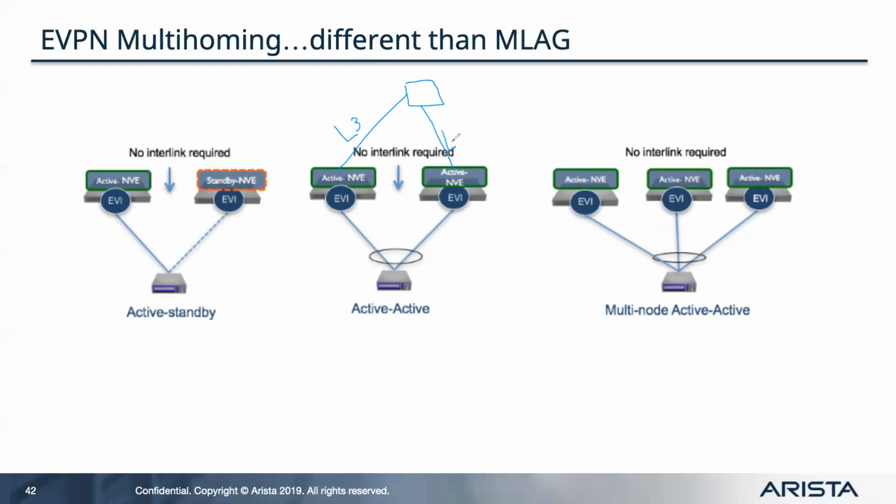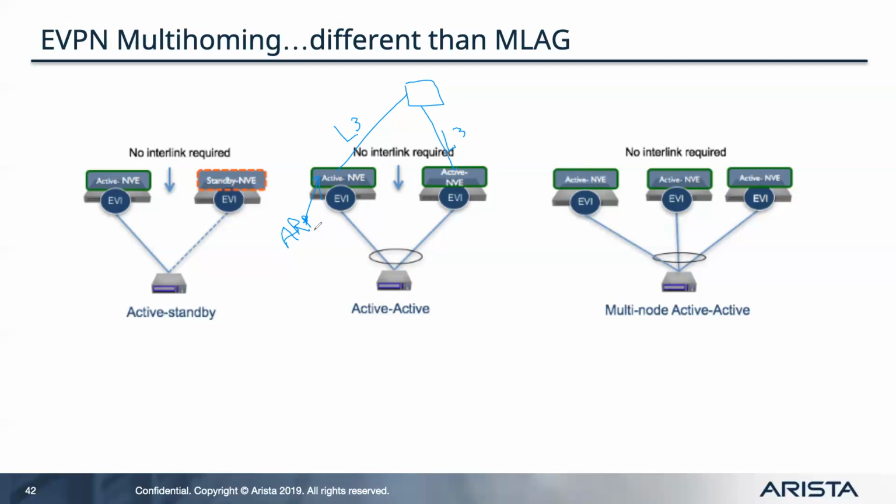So first of all, this ARP sync feature will only work if you have MLAG. It will only sync with an MLAG peer, but here there is no MLAG peer. That is one. Another, even if you say let's sync it, you don't have any L2 link to sync that ARP. So you don't have a connection between these two to sync this ARP.